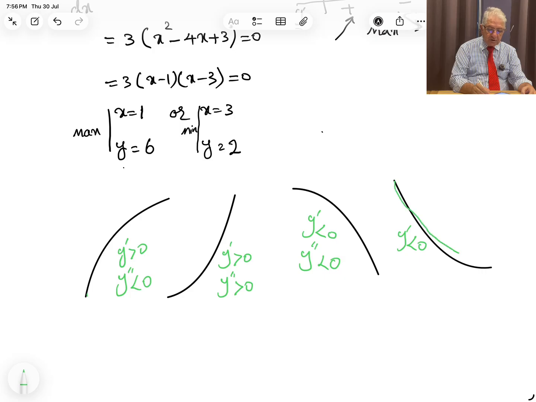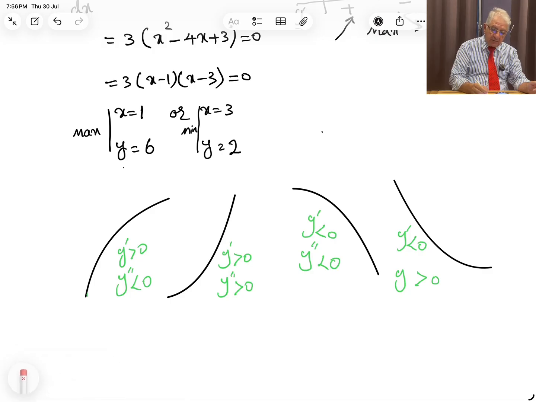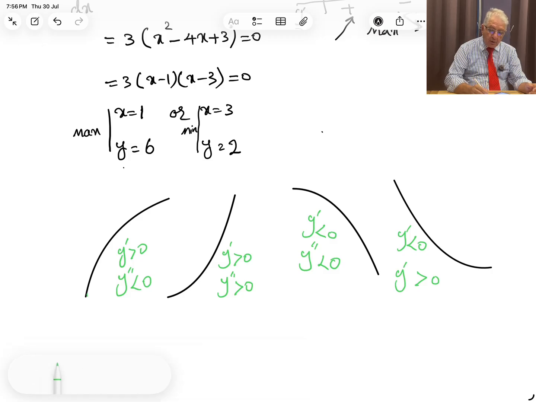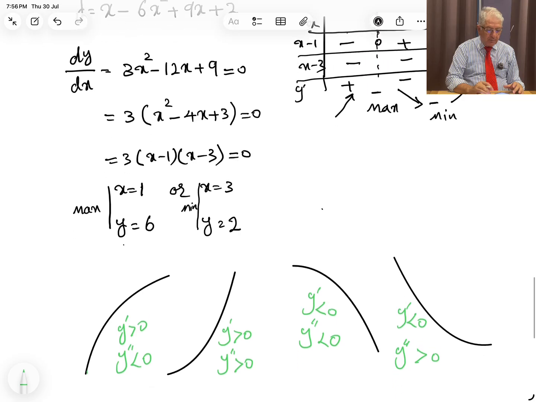The last one is concave up. So you can see that y double dash is positive. Double dash means second derivative. So we understand the second derivative of this is positive. Using this, I can find whether a point is a maximum or a minimum point.